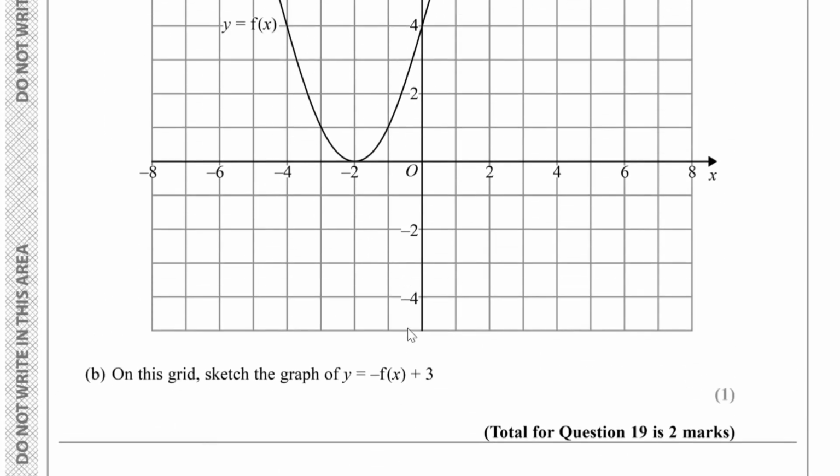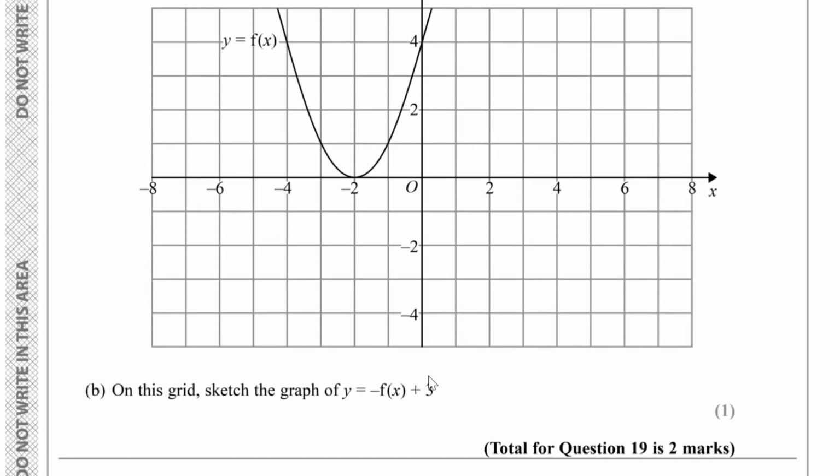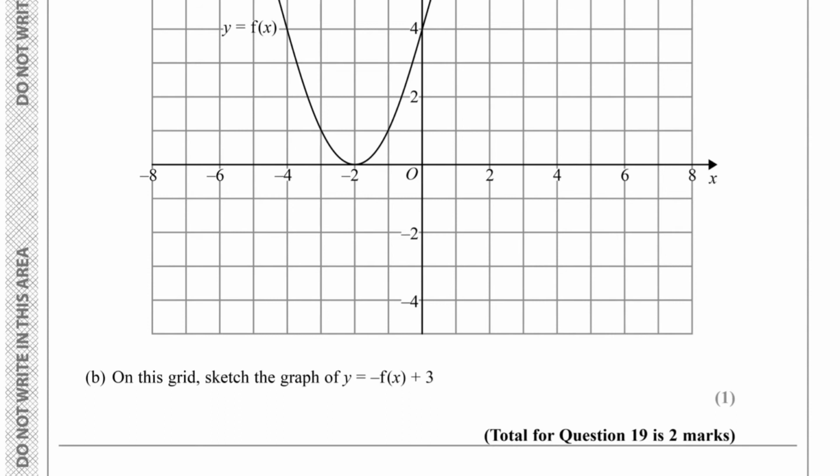Now for part B, we have the graph of minus f of x plus 3. Well, first thing we need to do is sketch the graph of minus f of x. So that will look something like this. If I just show the coordinates, we have something looking like this.